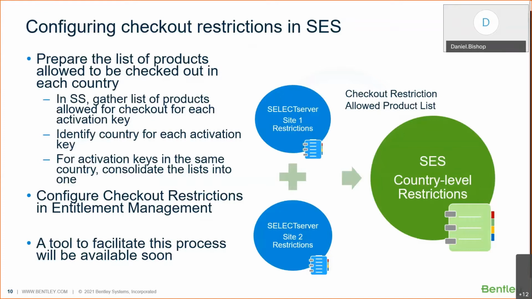So if you want to keep these restrictions in place for your Select Server licensed versions, you need to take those site restrictions and put them together into one list and then configure those within SES.